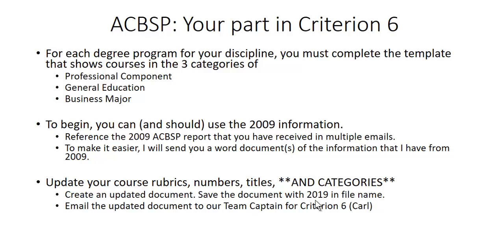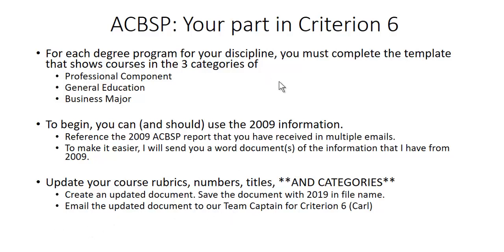No one wants to open and close 50 documents trying to figure out if this is the last one. So first of all, make sure that 2019 is in the file name. Second of all, if it is the accountancy degree, then it needs to say in the file name that it's the accountancy degree. If it's an AAS, it needs to say that. If it's the AS, if it's the AA, make it easy, folks. Just make it easy, okay?